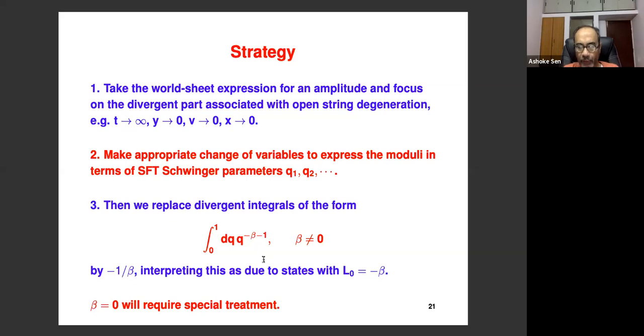So this is what string field theory prescribes us to do: power divergent integrals like this, you have to replace by minus 1 over beta. The subtle points are associated with the beta equal to 0 divergences. Those are the logarithmic divergences. And as we discussed, those are associated with the L0 equal to 0 states, and they need special care.